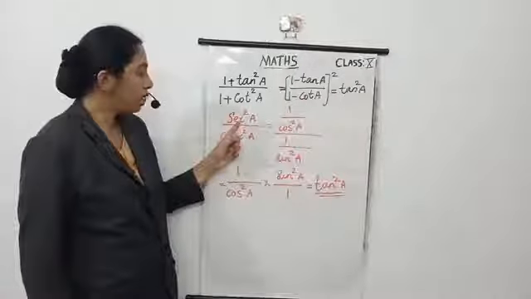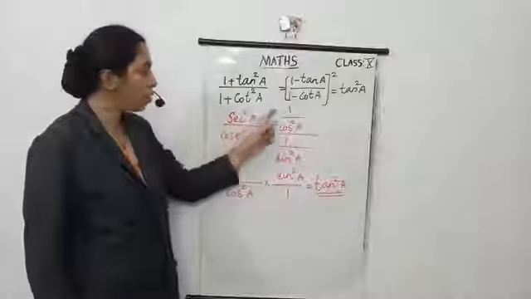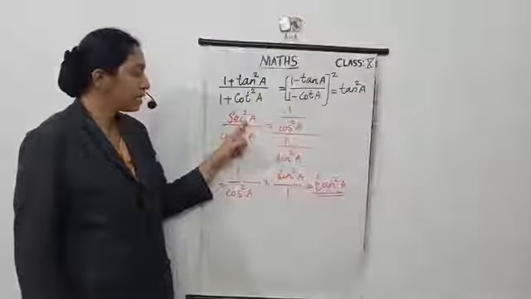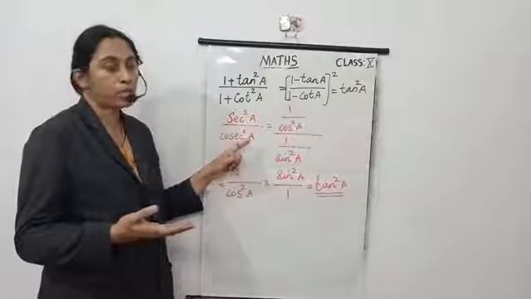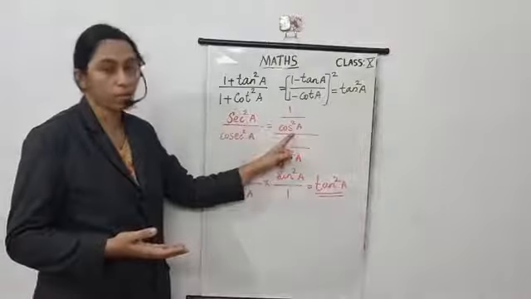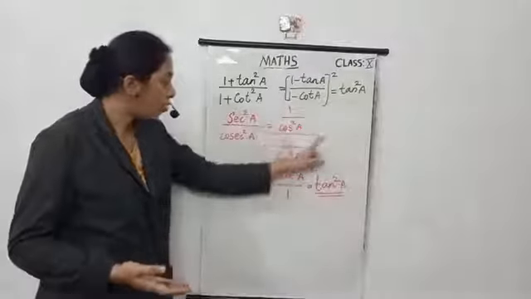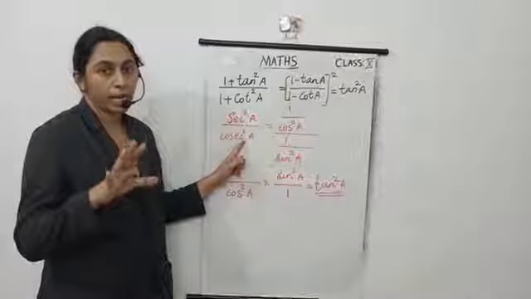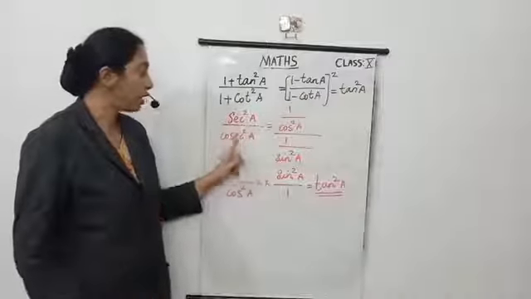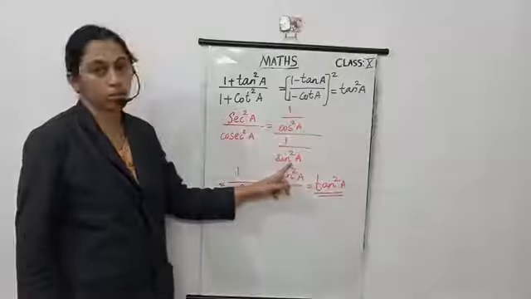That's why we replace this sec square A with 1 by cos square A. Here sec A is 1 by cos A. Sec square is 1 by cos square A. Understand? This all divided by cosec square A. Cosec A is 1 by sin A, so cosec square A is 1 by sin square A.